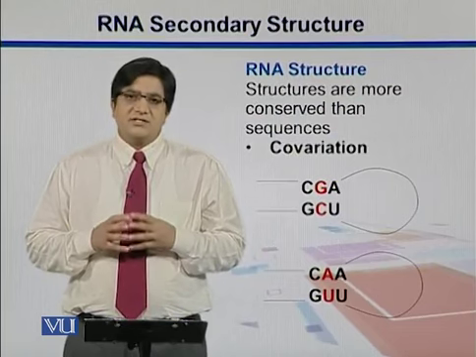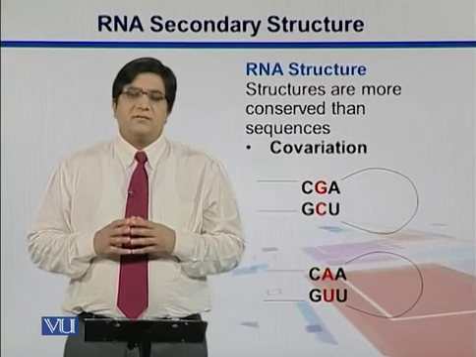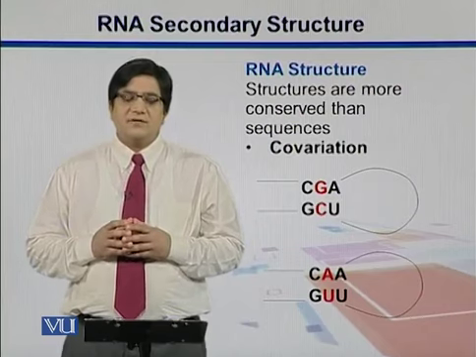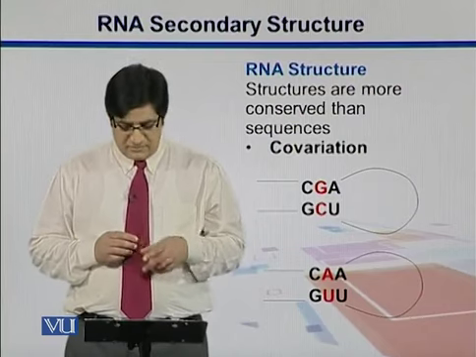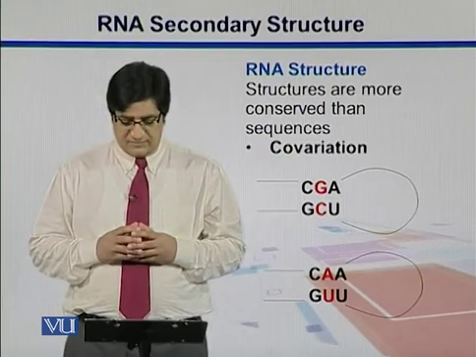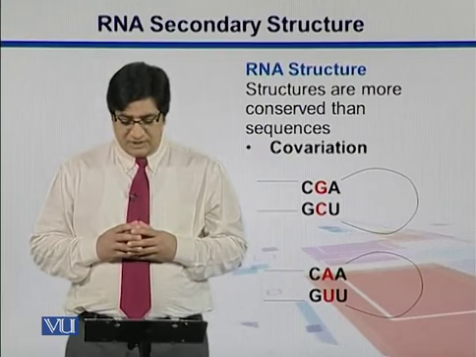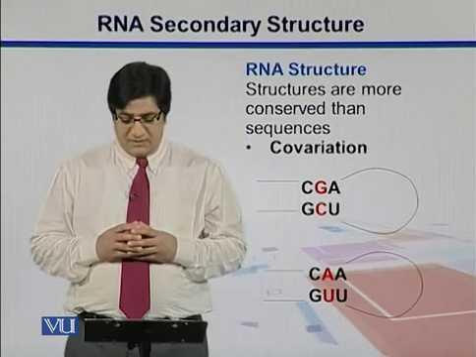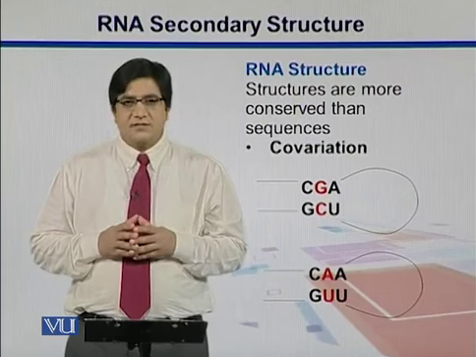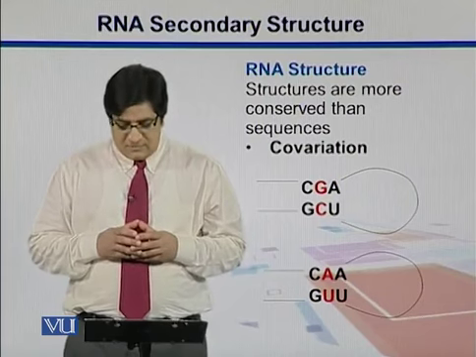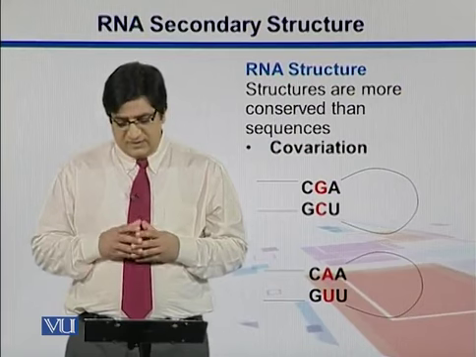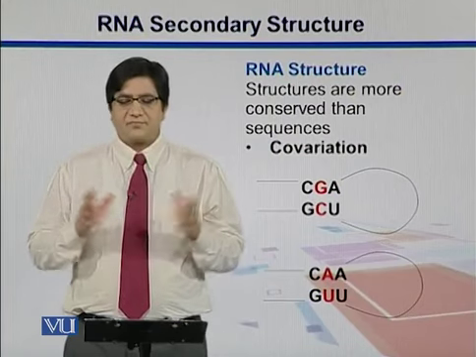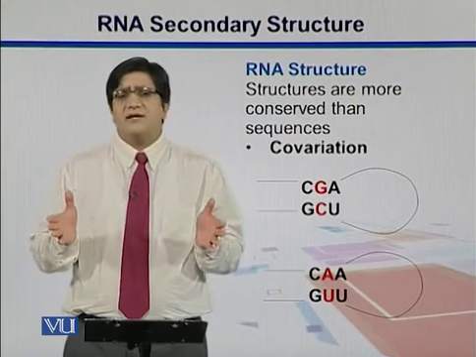In nature, those structures are conserved more as compared to the sequences. So there is a concept called covariation. For example, if you look into these structures, we have C, G and A and G, C and U. In this way, it's a stem-like structure. Then we observe a loop-like thing where we might see repulsions, or bases which do not align with one another.